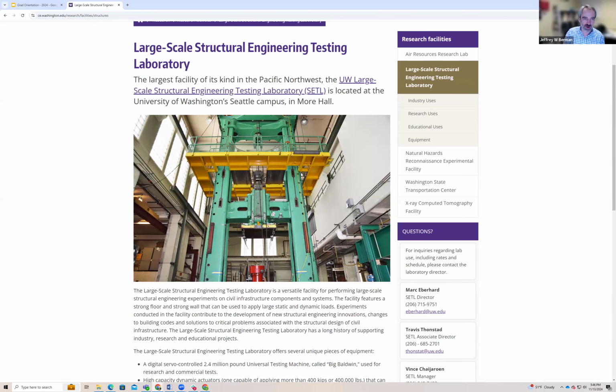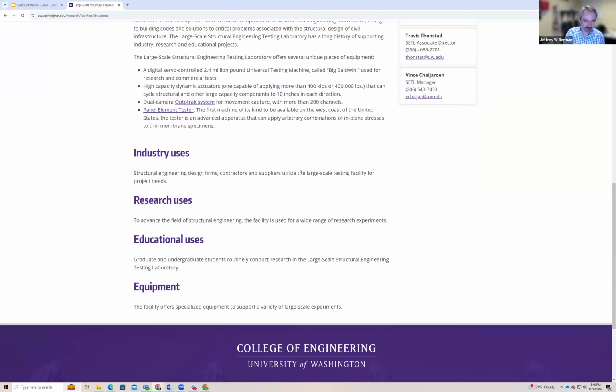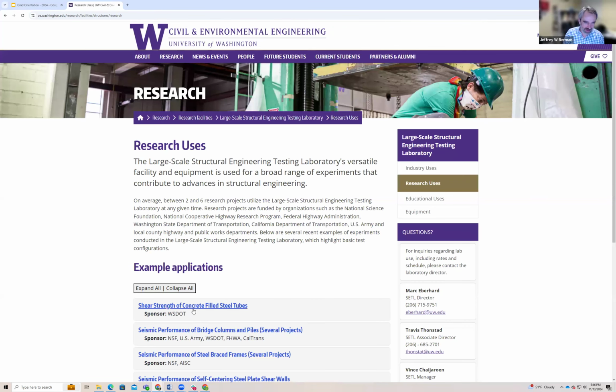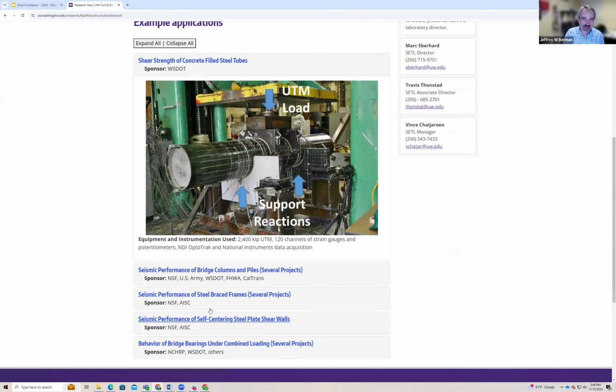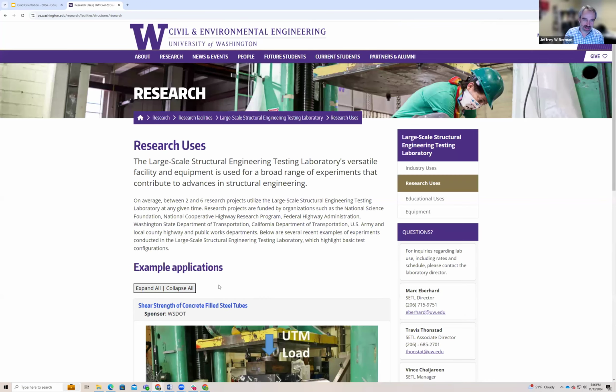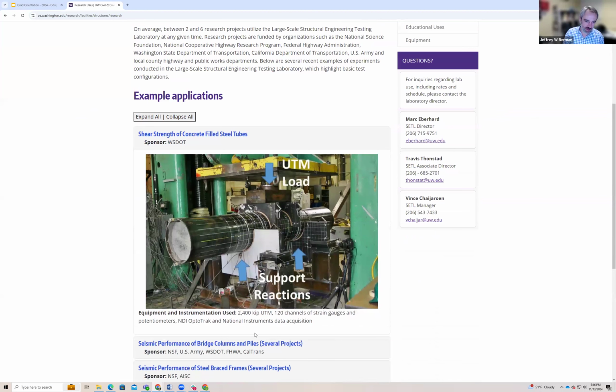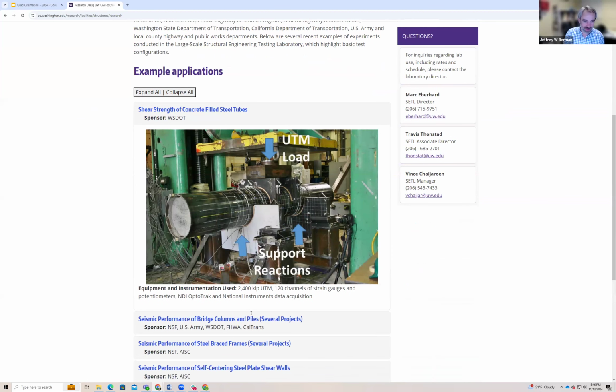We call it the SRL, Structural Research Lab for short. That features a 2,400 kip, so 2 million pound universal test machine that we test all kinds of things with.